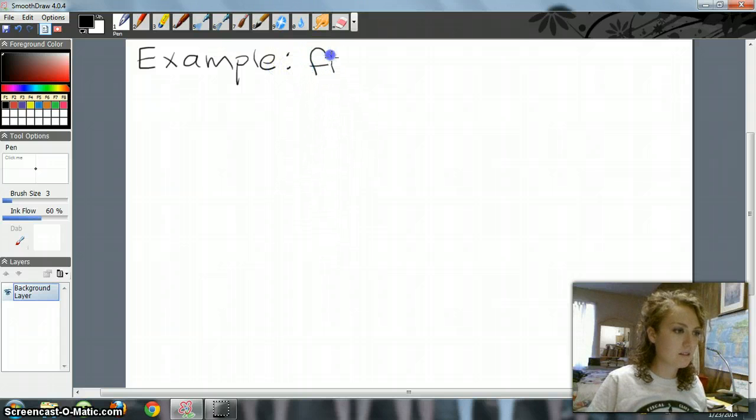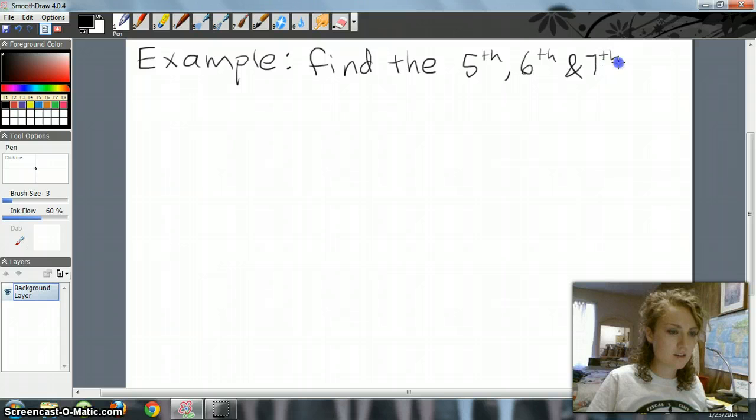Find the 5th, 6th, and 7th terms in the following sequence.